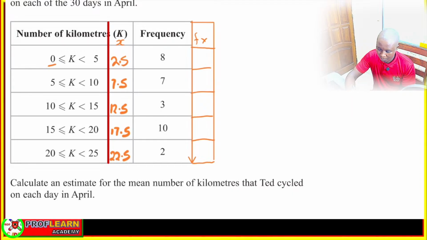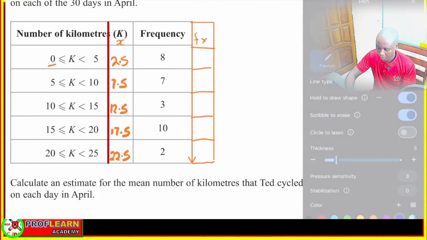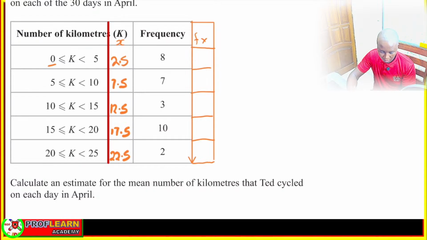2.5 times 8 is going to give us 20. And then 7.5 times 7 is going to give us 52.5.